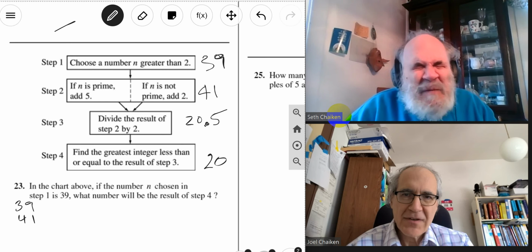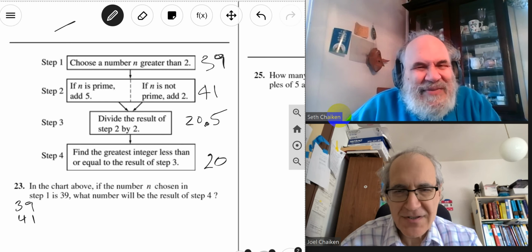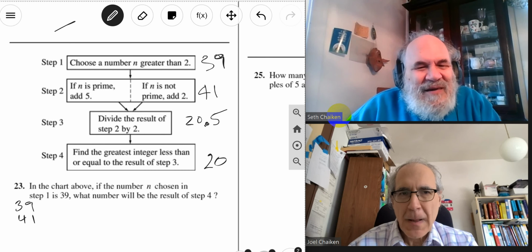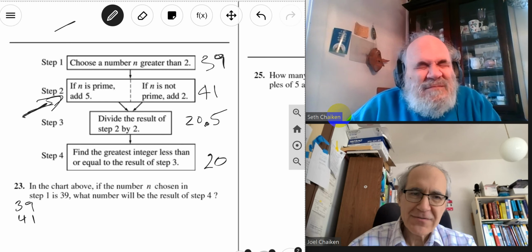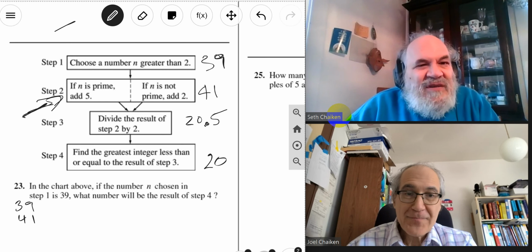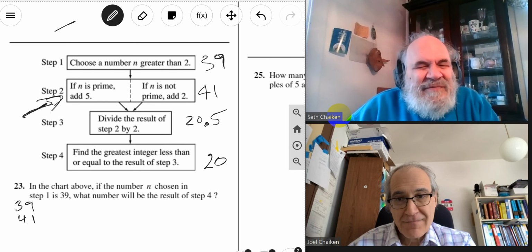There's really nothing to this other than following the rules. But there's a tree here that may confuse some people. It's an if statement.